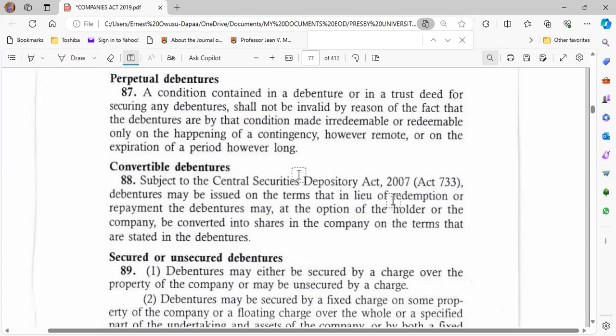Conceptually, debentures being a debt which the company owes the debenture holder is not supposed to remain in the company forever or for the entire life of the company.